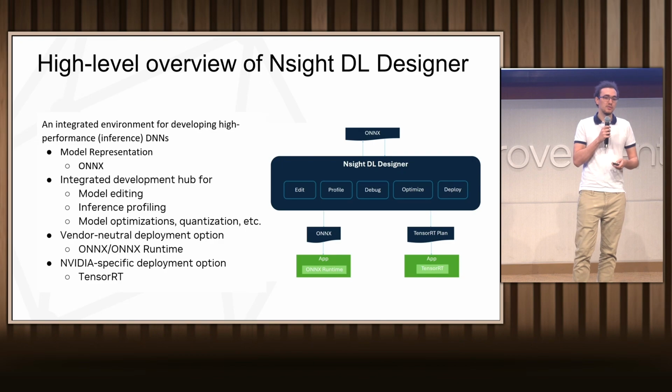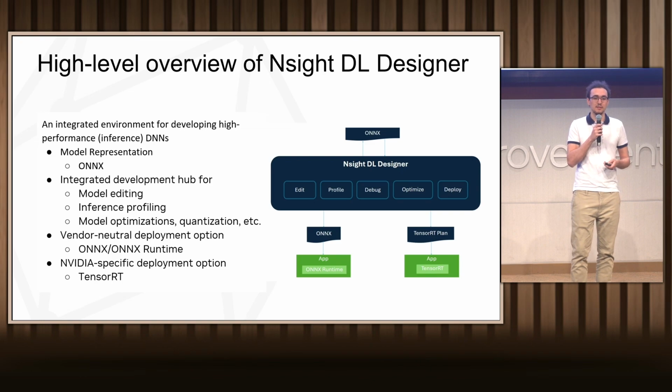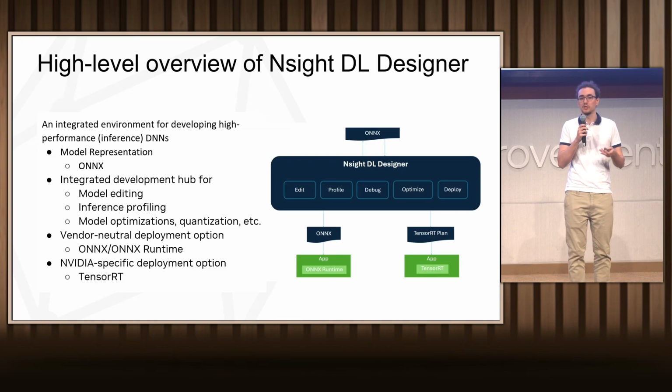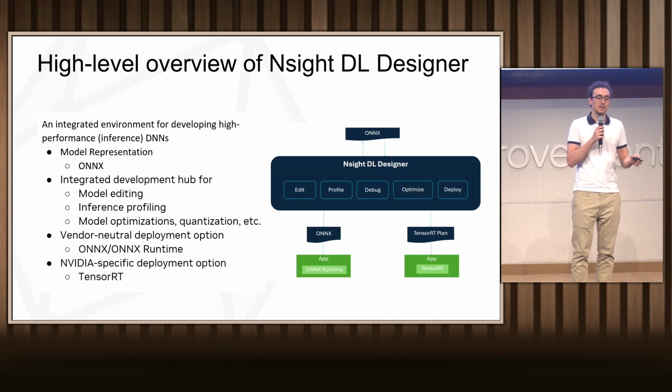DL Designer uses ONNX as its file format to represent the model. You can open an ONNX model inside of DL Designer and visualize it. It can represent in a graph all the operators and the connections or links between those operators. You can inspect attributes for each operator, create or edit initializers, etc.